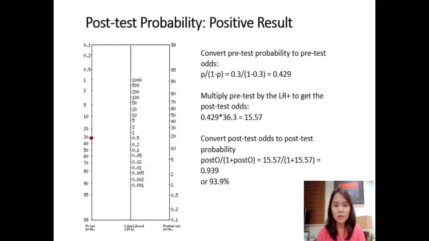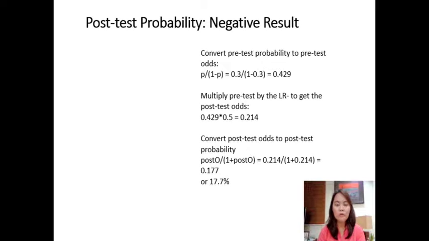So the LR positive for this patient was 36.3. So that's somewhere between 20 and 50. So what you do is you just connect the two dots and then extend it until it reaches the line of post-test probability. So for this case, if your patient yielded a positive result for the rapid antigen test, the post-test probability reaches almost 95% in the nomogram. So this is similar to your computed post-test probability.